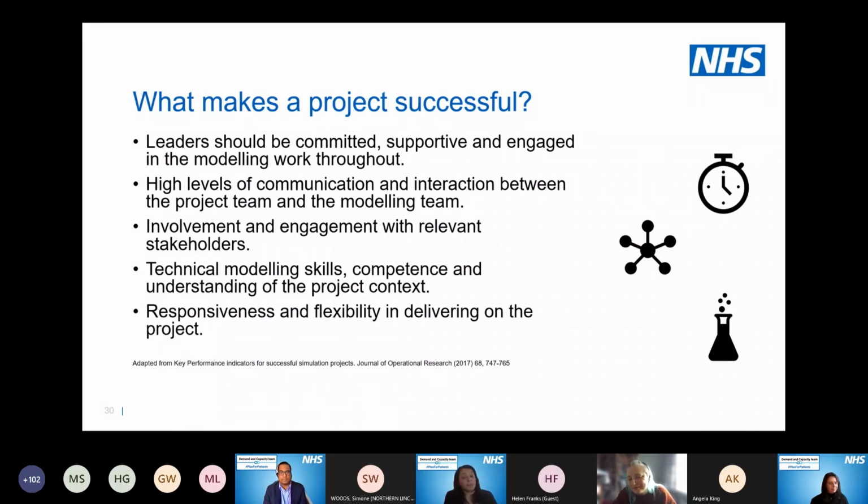They were supporting the analysts, having the conversation with the modelers very often, and they were also in charge of communicating and engaging with operational colleagues and clinicians who were meant to act on the recommendations of that modeling. So it's not only about the technical skills for the analyst or the modeler to be able to use a software. It's about the whole picture that you have to take into account.